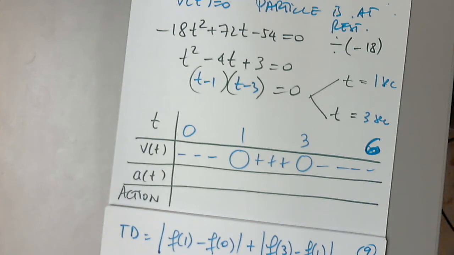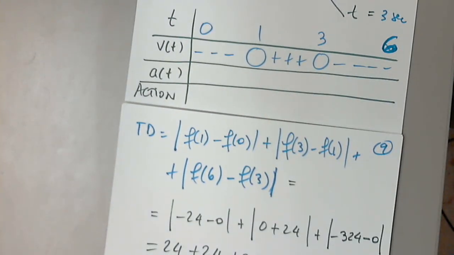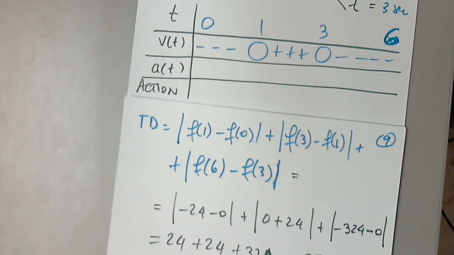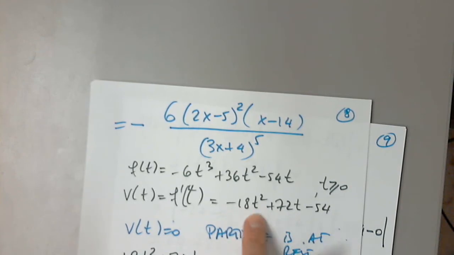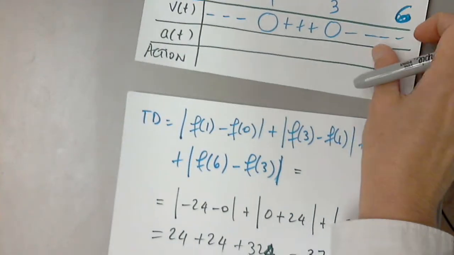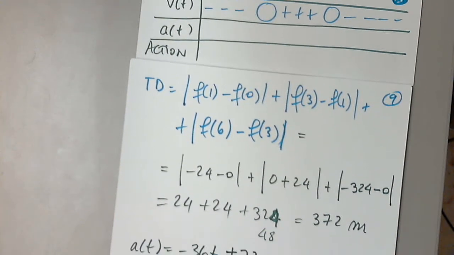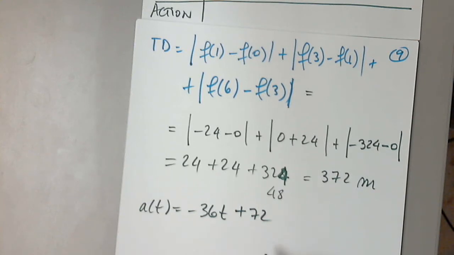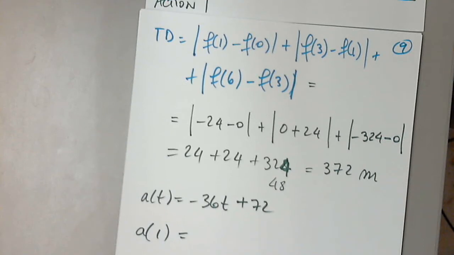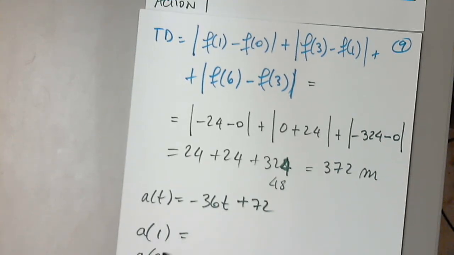Is that okay? So now we find the acceleration, a of t, which is, I'm looking here now, negative 36t plus 72. We're asked to find the function, which we did, and then we're asked to find the acceleration when the velocity is 0, which means at 1 and at 3.